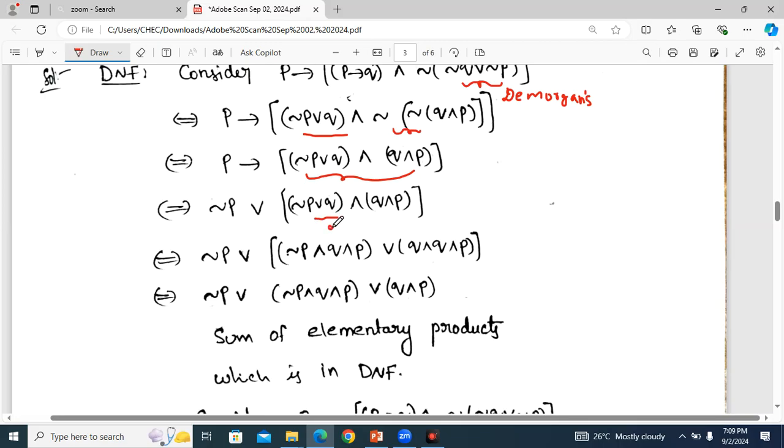This is of the form (A or B) and C. So the formula is (A and C) or (B and C).